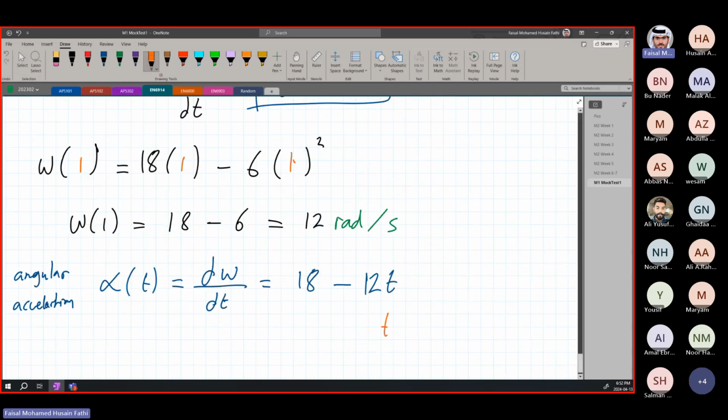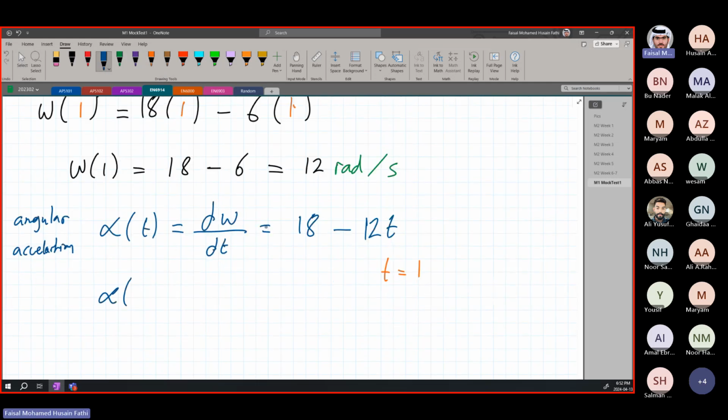Again, at t is equal to 1, we just have to plug it in. So alpha of 1 is equal to 18 minus 12 into 1.